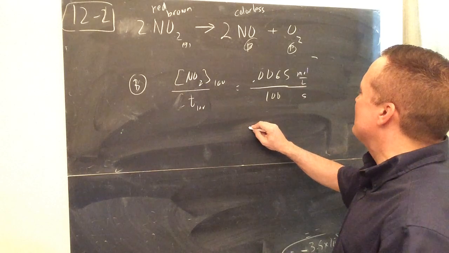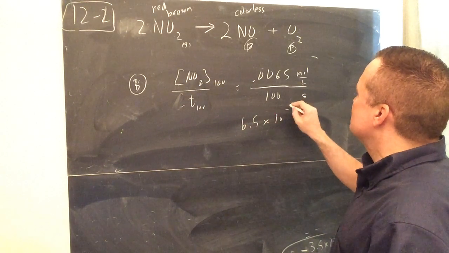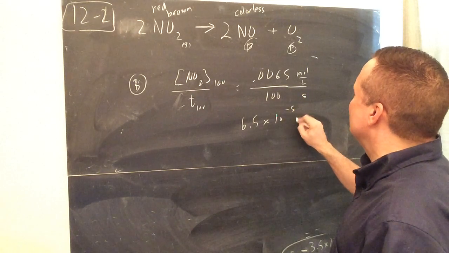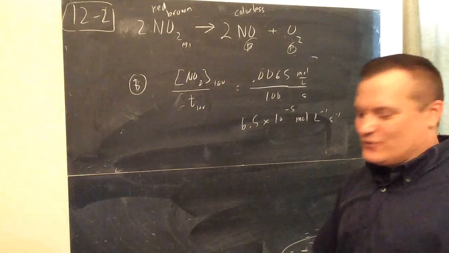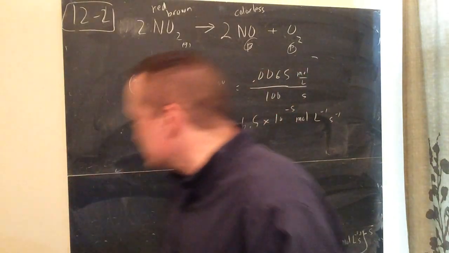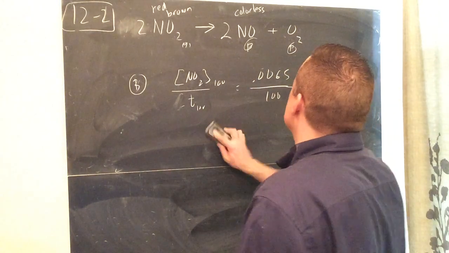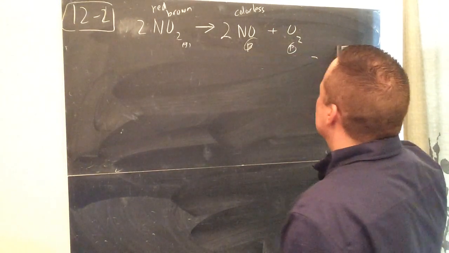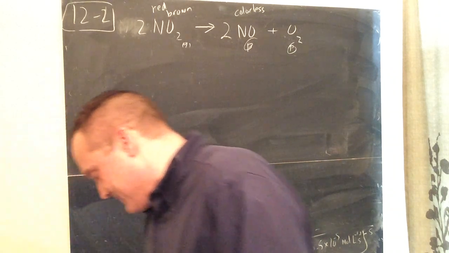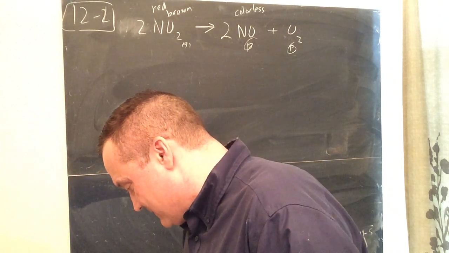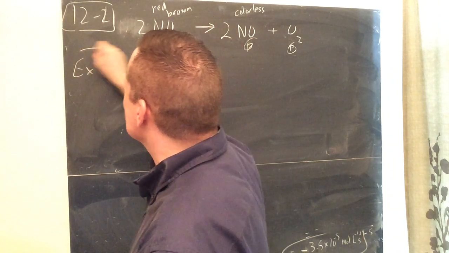So that's going to be 6.5 times 10 to the negative 5 mole per liter per second. Okay, I'll just throw that in there real quick. To be honest, I don't really see A and B come up much at all. But it could, and this is more important. Later, example D down there at the bottom. We did C already. So example D, this will be the last one.